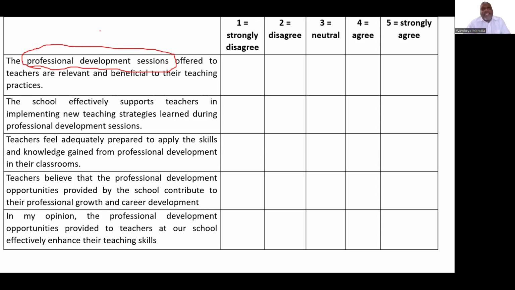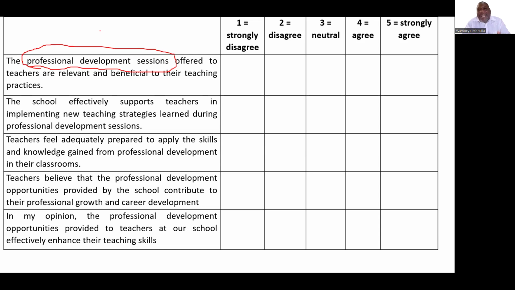Now, normally when we are using the Likert scale, we are measuring the opinion of the respondents on an ordinal scale, but we can transform this scale to an interval scale. For example, here we have given an interval scale of 1 to 5.